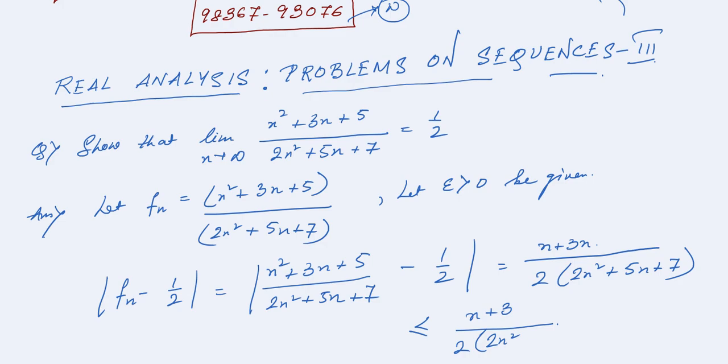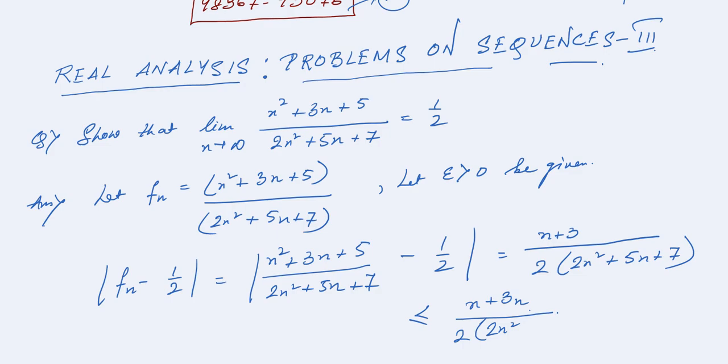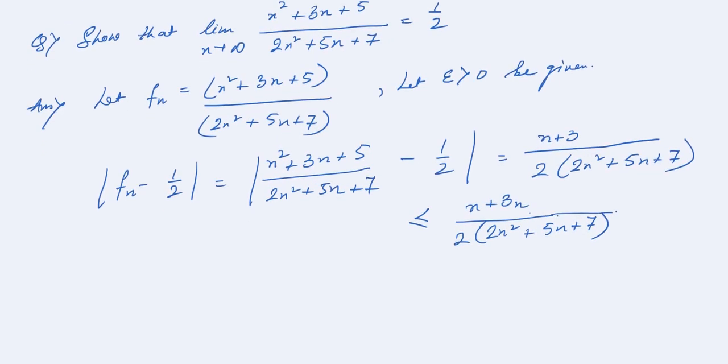Oops, put the wrong n in the wrong place. So n plus 3n, and this is by 2 into (2n squared plus 5n plus 7), and this sums up to 2n by 2n squared.